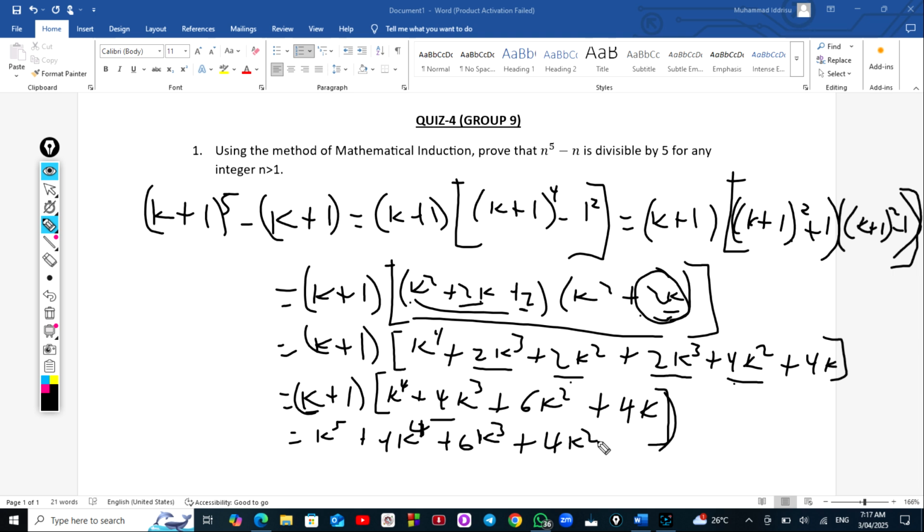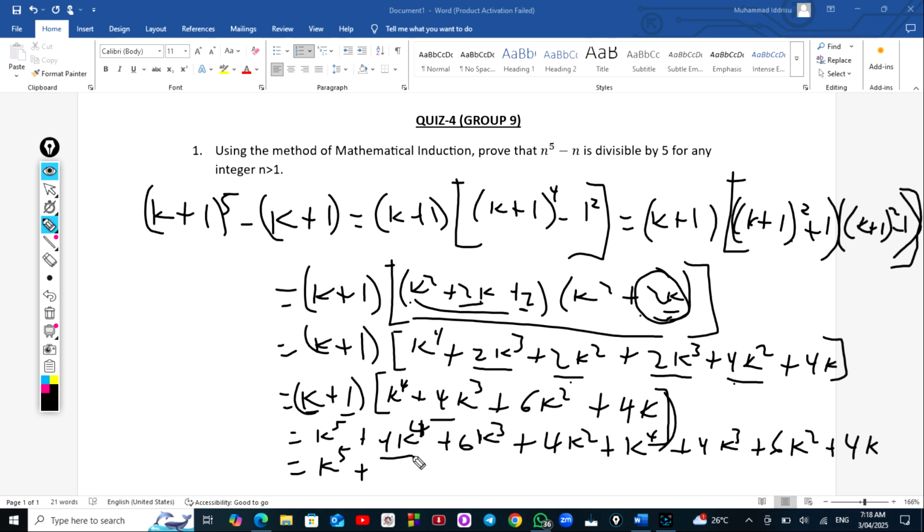4k squared. Okay, we take 1 times any number is that number, so we just repeat what is in the bracket. So plus k to the power 4 plus 4k to the power 3 plus 6k squared plus 4k. So we just look for like terms. This k to the power 5 is only 1. Plus, we look for like terms with 4k to the power 4 here.